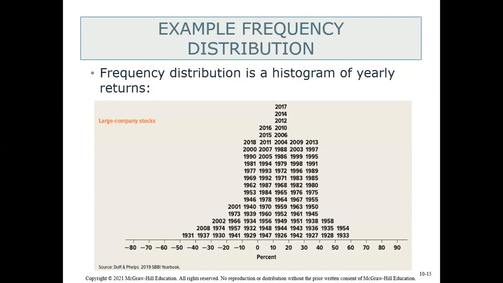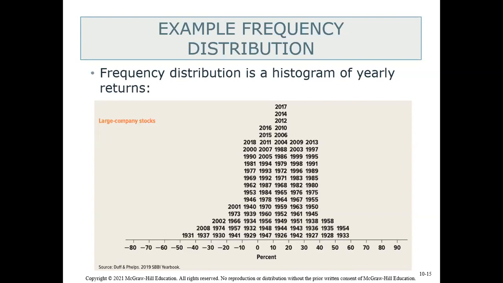So what they did was they created a graph, a frequency distribution of the yearly returns by years. And you can see the years that have the most returns is around the 10 to 20% return. It's in that range.